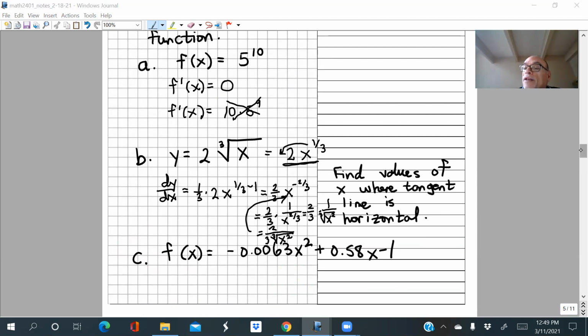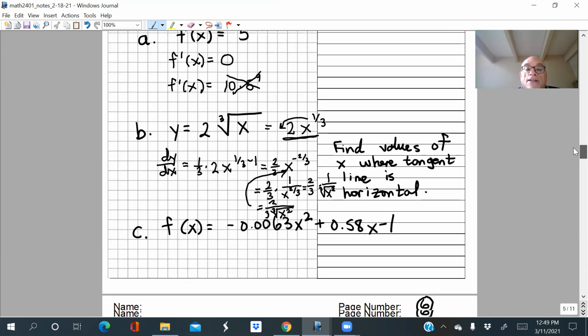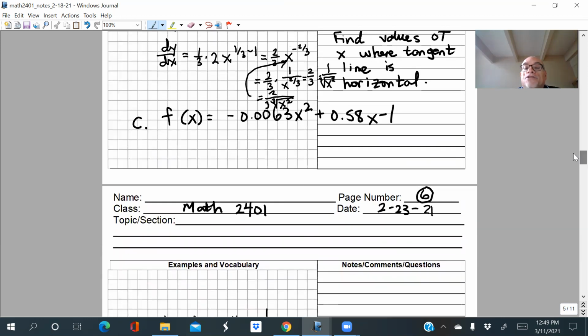So this one's a little bit easier. All right, so here my function is just, even though the coefficients are messy, that's not really important. Here my function is minus 0.0063 x squared plus 0.58 x minus 1. So I want to find again the formula for the derivative.